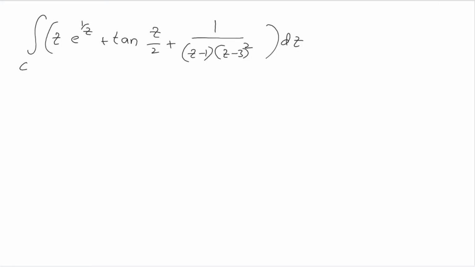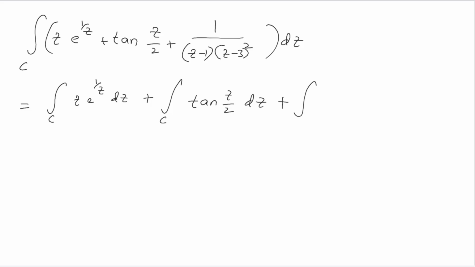So I'll split this into three parts: integration over C of z e to the power of 1 divided by z dz, plus integration over C of tan z divided by 2 dz, plus integration over C of 1 divided by z minus 1 times z minus 3 whole square dz.